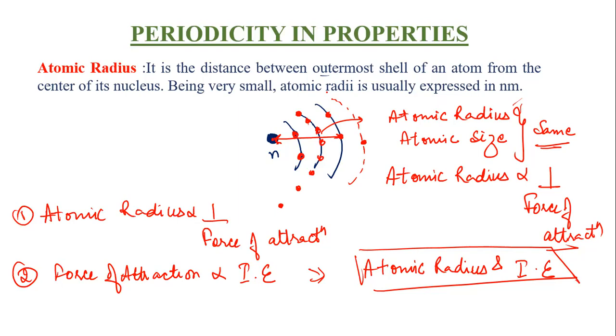The distance between you and the mouse is low. So atomic radius is inversely proportional to force of attraction. It means that as the force of attraction increases, atomic radius will decrease.